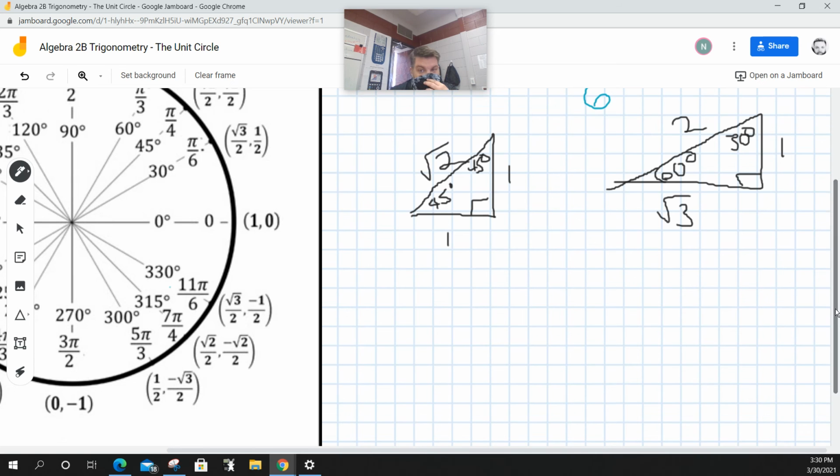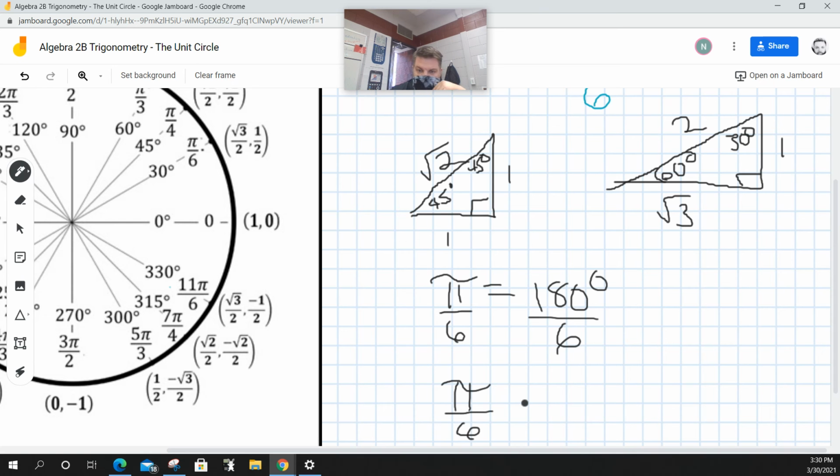So what's the relationship? Well, pi is equal to 180 degrees. So now if I were to divide this by 6 and divide this by 6, pi over 6 is equal to 180 degrees divided by 6, which is 30 degrees.